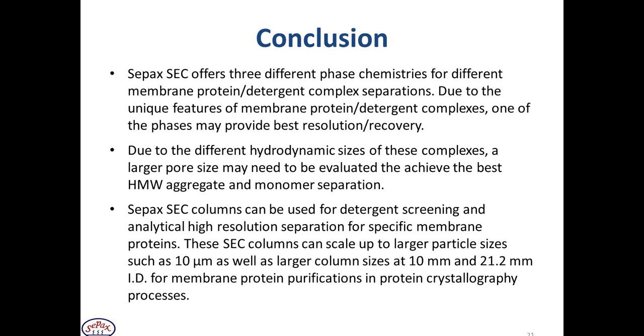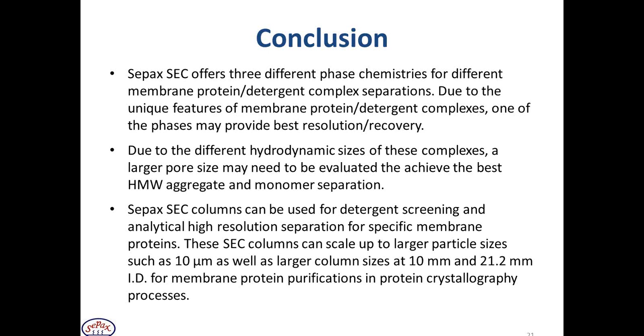Due to the large hydrodynamic sizes of the complexes, a larger pore size SEC column may need to be evaluated in order to achieve the best separation between the high molecular weight aggregate and the monomer. We showed the example of a 65 kilodalton ABC transporter monomer, which exists as a dimer at 130 kilodalton.